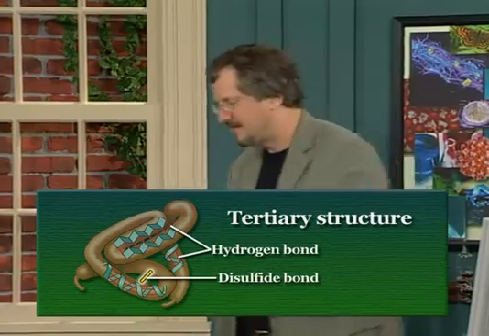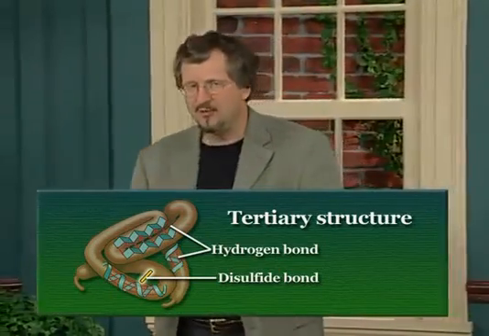Now, the fact that the side chains can occur in an irregular sequence, in other words, every different amino acid along the sequence may have a different side chain, means that the pattern of interaction among those side chains, the pattern of chemical interaction, can be quite variable, much less regular, and much less predictable. What that means is that the pattern of twisting and folding that results from these interactions that cause tertiary structure becomes much more complex, not regular like the alpha helix or the beta pleated sheet, but actually in some ways quite unpredictable.